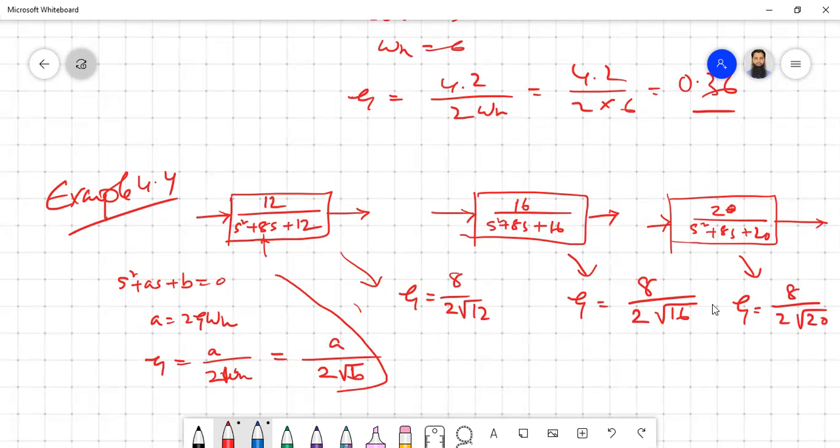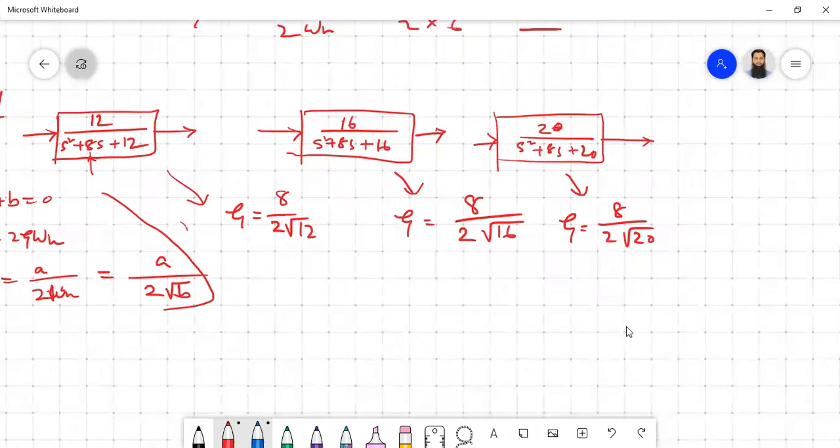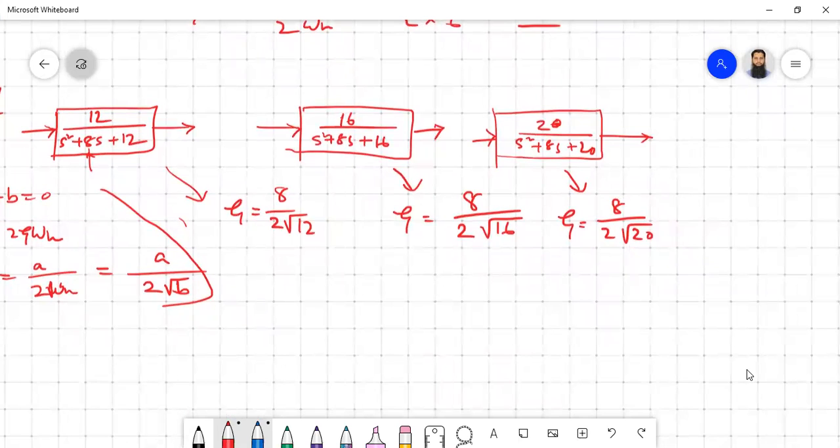As you can see, in the problem, the only thing that has been changed is omega n, because the a value was kept constant. But even though only omega n was changed, it inherently changes the value of zeta, and accordingly the system behavior will also be different. So what are the values now?